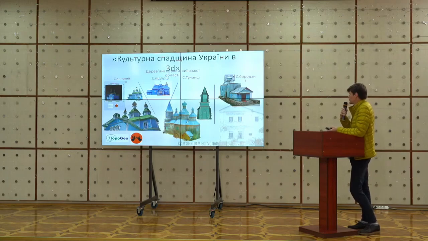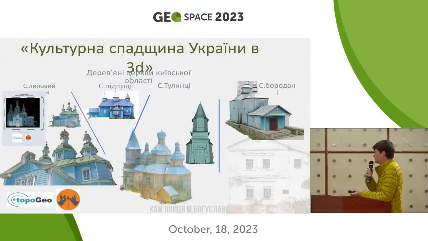And this is about architecture, the wooden churches. In Kyiv Oblast, Lipovy Skitok village not far from the town of Vasylkiv, and also Tulynci and Pidhirci, villages not far from Kyiv.